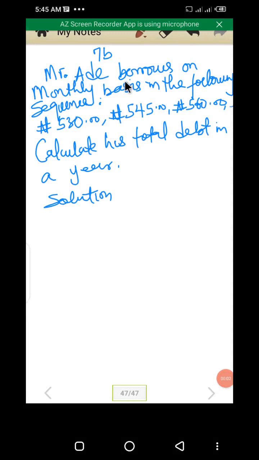Mr. Ade borrows on a monthly basis in the following sequence: 530, 545, 560. Calculate the total debt in a year. To find the total debt, the first thing to find is the first term, the first amount Mr. Ade borrows. The first term is 530.